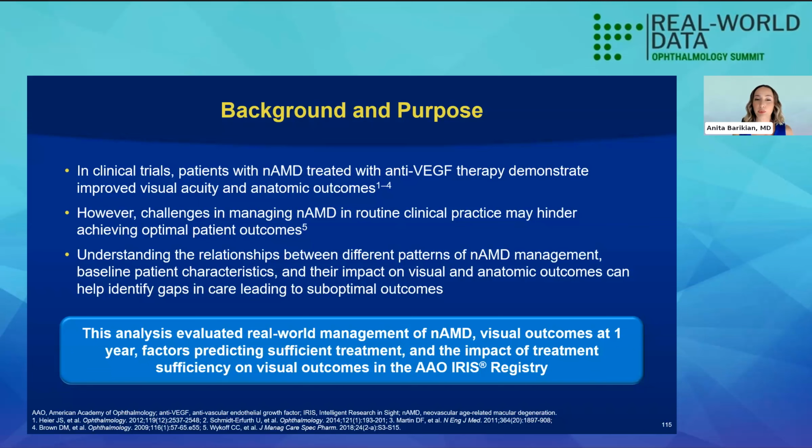Understanding the relationships between different patterns of neovascular AMD management, baseline patient characteristics, and their impact on visual and anatomic outcomes can help identify gaps in care leading to suboptimal outcomes. So this analysis evaluated real-world management of neovascular AMD, visual outcomes at 1 year, factors predicting sufficient treatment, and the impact of treatment sufficiency on visual outcomes as captured in the AAO IRIS registry.